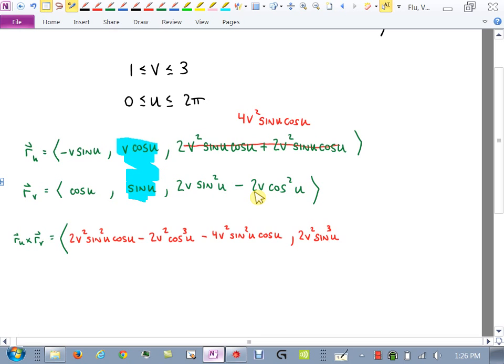So negative 2V squared sine U cosine squared U. Then I do these, right, minus this. But then it's really going to be plus, isn't it? So what's this times this? 4V squared sine U cosine squared U. So it'll be plus 4V squared sine U cosine squared U.